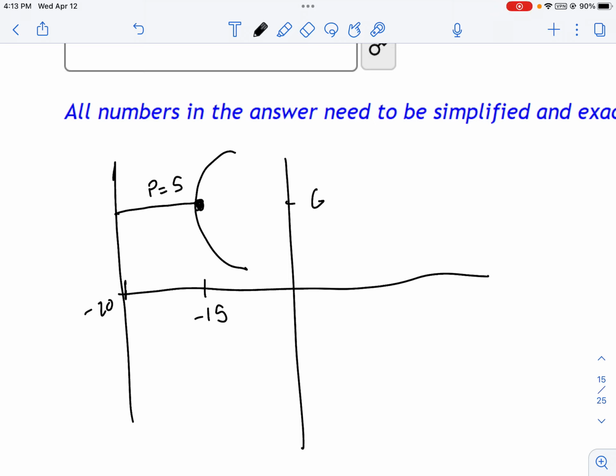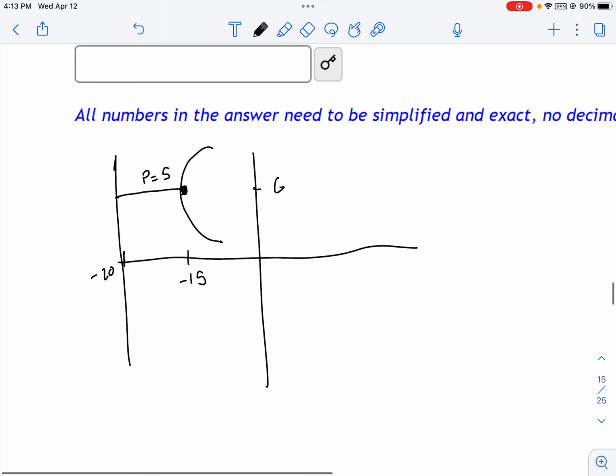That's 5 right there. Okay, now specifically, you're facing right, meaning you're going in a positive direction, which means we have a positive p-value. And you can also figure this out with a formula. X equals, and because you're facing horizontally, that's going to be h minus p.